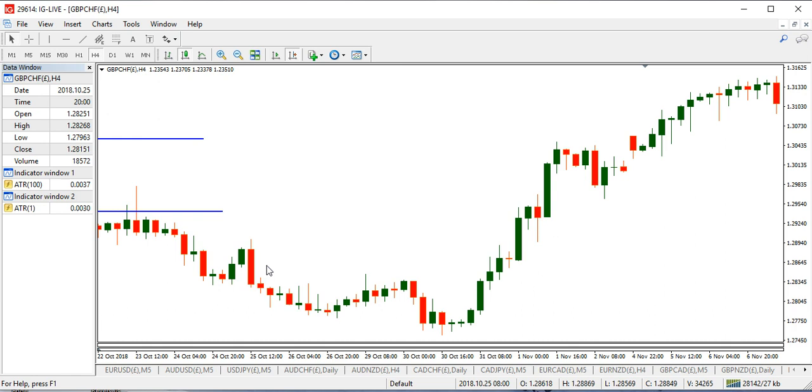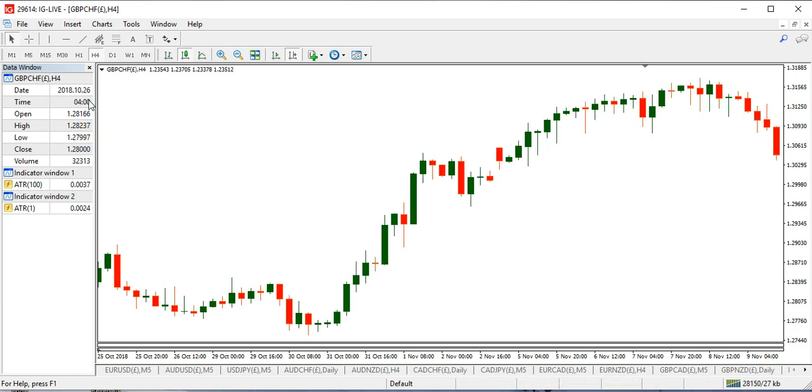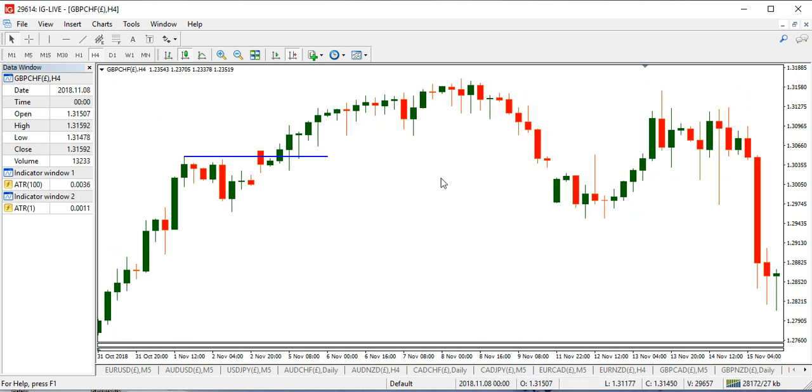So anyway, and then price shoots back up, and then you get it again here. You don't need fractals. You can see it with your eye. That might have been invalidated, but you get the idea.